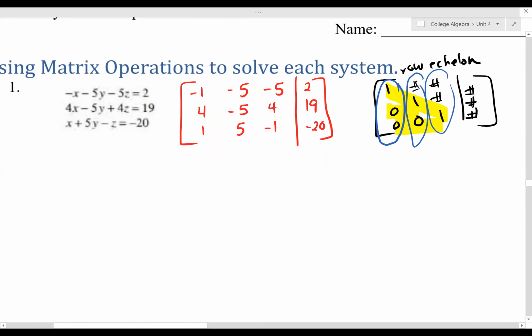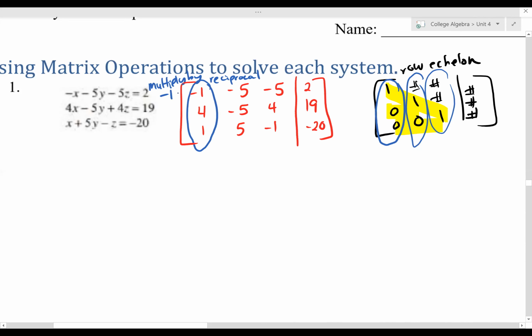So going back to my augmented matrix, notice that in column 1, we have a -1 in that top left corner, and we want that to be a +1. So one way to change that is just through multiplication. And so my row operation would be to multiply by the reciprocal of the number in that position. So the reciprocal of -1 is -1.